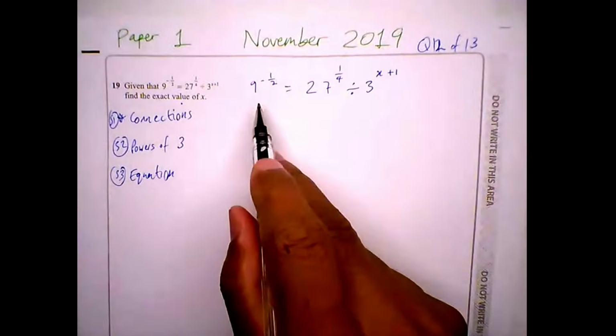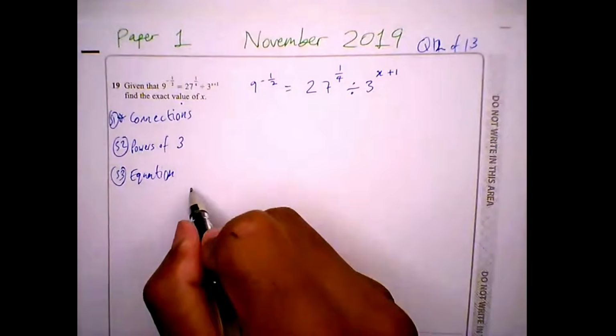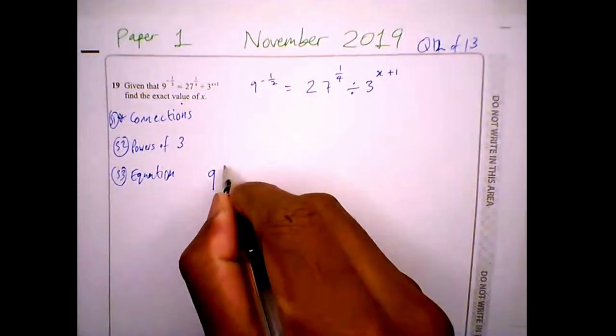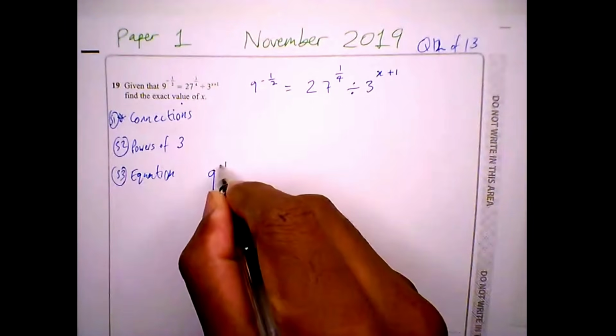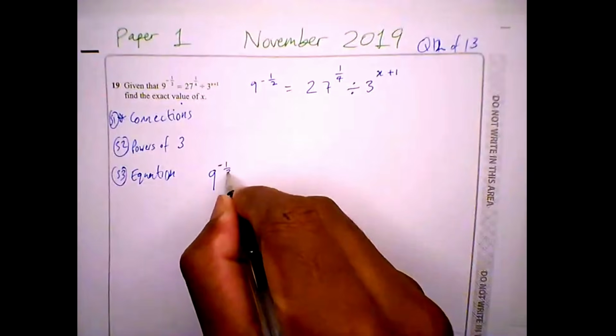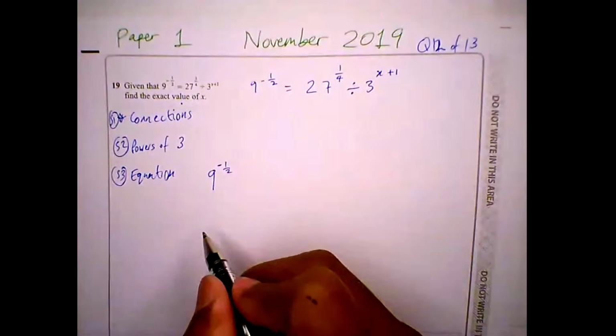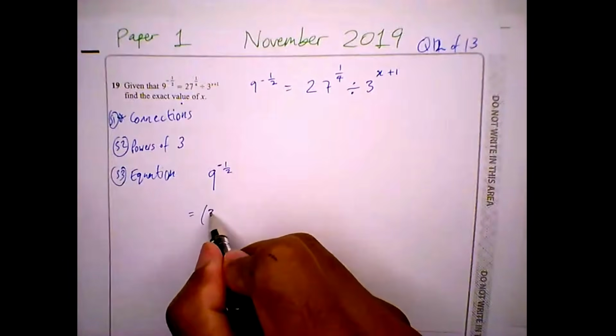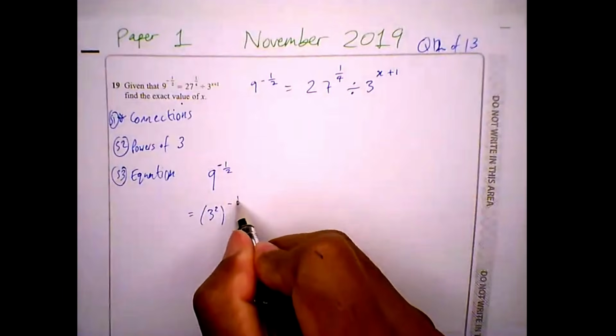Okay, so now let's look at this. So we've got 9 to the power minus half. So that I know is going to be 3 squared to the power minus a half.